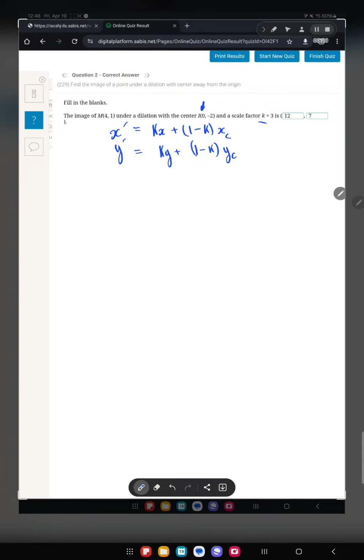So let's just plug it in. X prime will be k, 3, times my original x, 4, plus 1 minus 3 times x of the center, which is 0. And then y prime would be 3 times my original y, which is 1, plus 1 minus 3 times y of the center, negative 2.